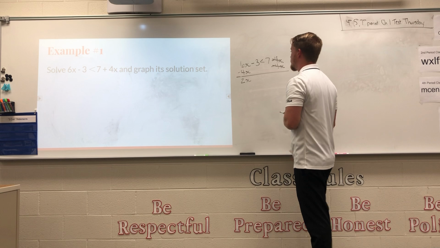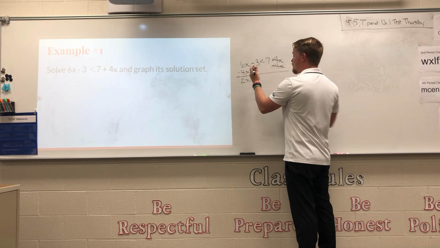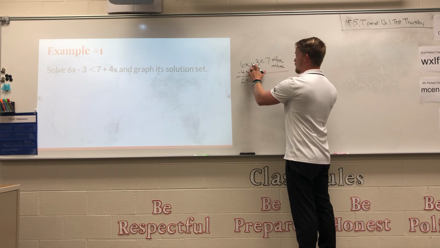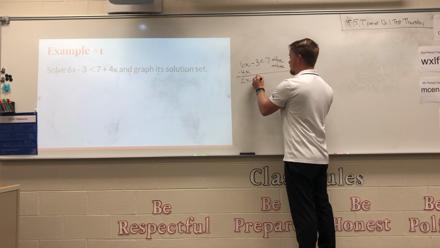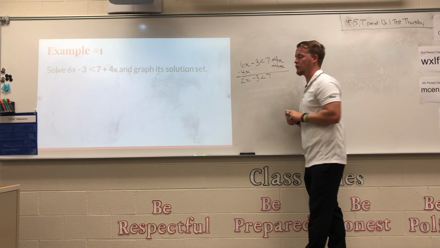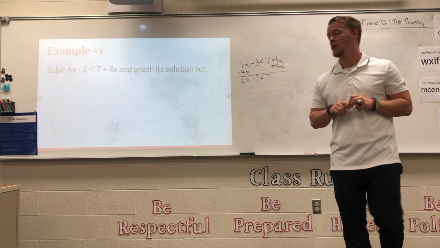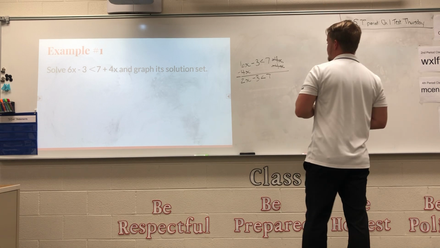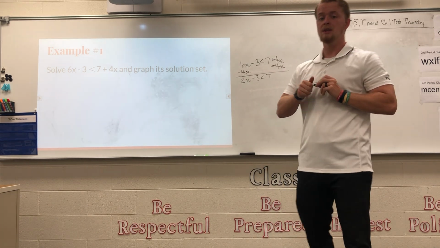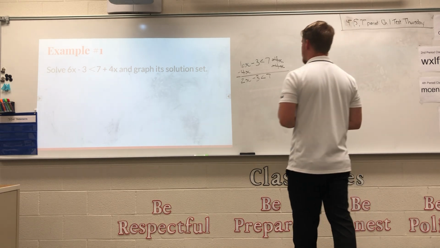Okay, 2x. Once you've worked out your x's, you bring down what you haven't used. We haven't used the minus 3, so minus 3. And we haven't used the less than 7. So that's the new inequality we have. So once we have our x's combined, we start solving this just like we would an equation, by getting that x by itself.